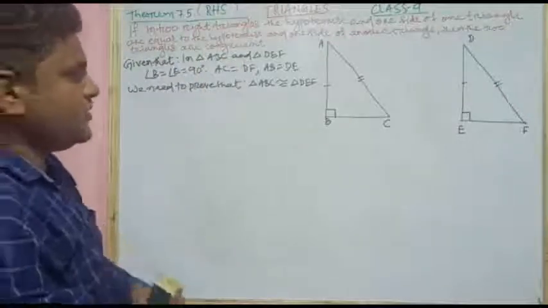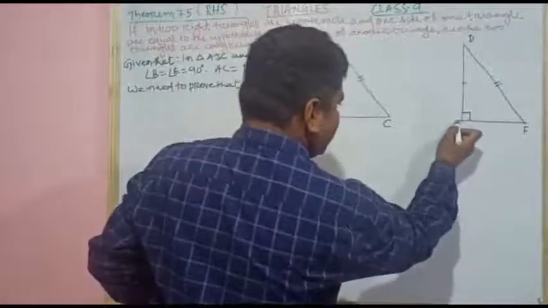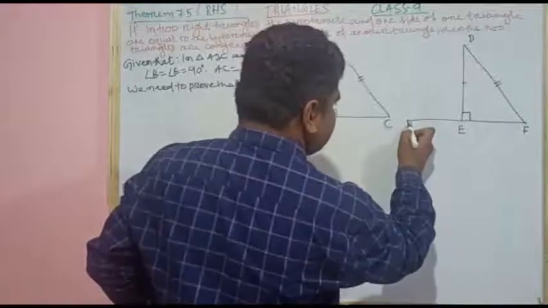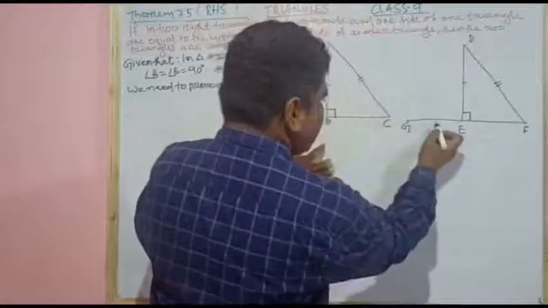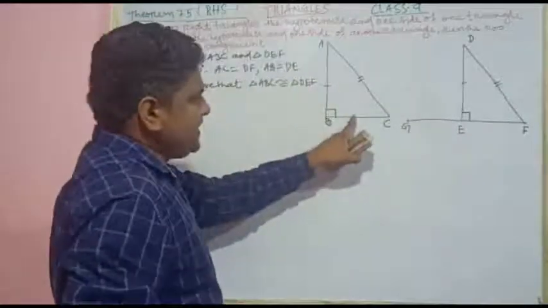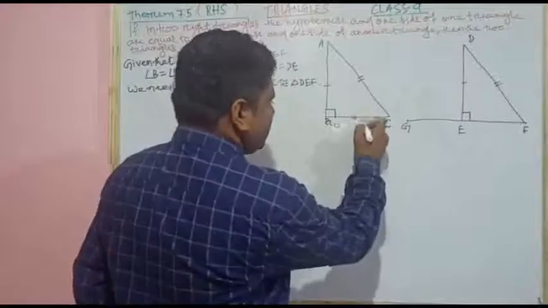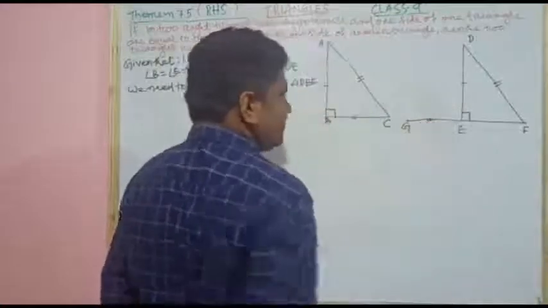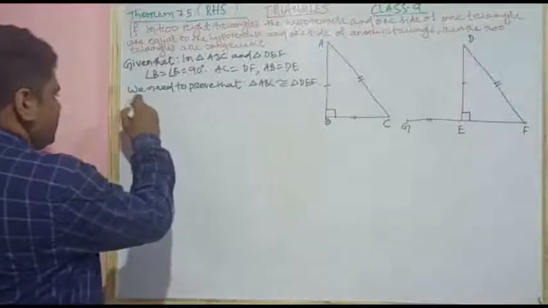For this purpose we need a construction, that is, extend EF. We have to extend this up to G, such that BC and EG are equal. This side and this one are equal. So let's write this construction.